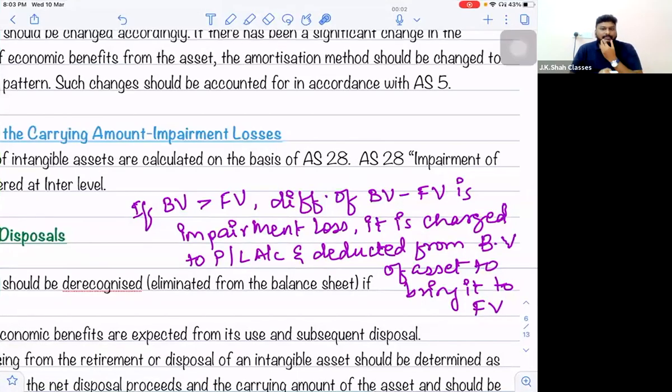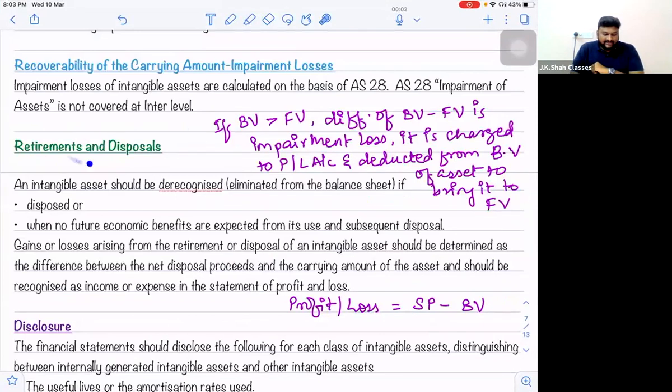Right? Now, one more point before going to the questions, that is retirement and disposal. This is the same point which you have also learned in AS10. An asset should be derecognized or eliminated from the balance sheet in two situations. First, when it is disposed. Disposed means sold off. And second, when no future economic benefit is expected from the use of that asset.